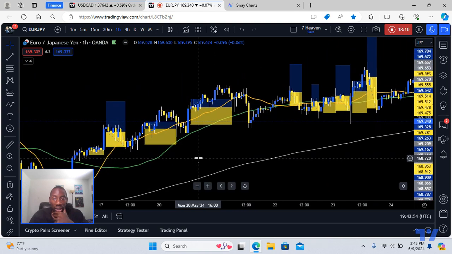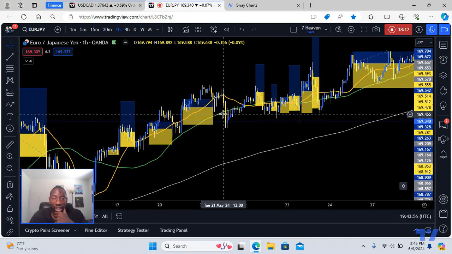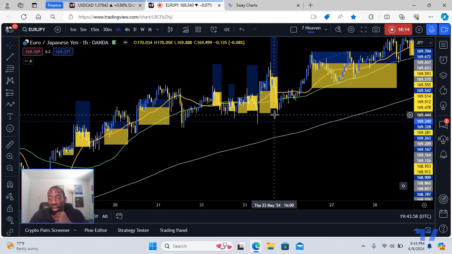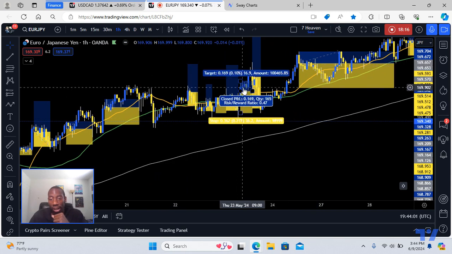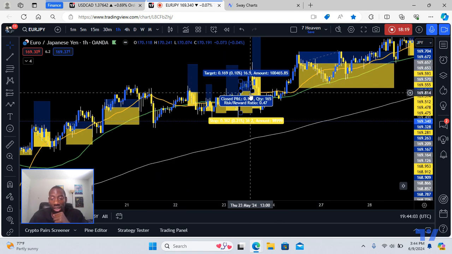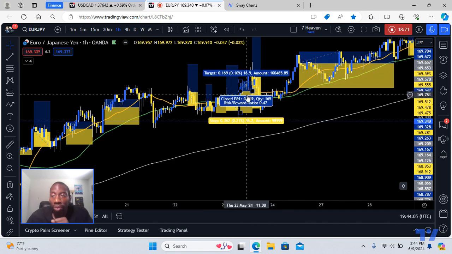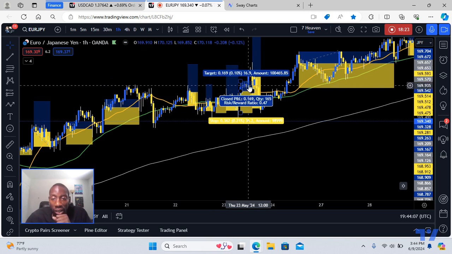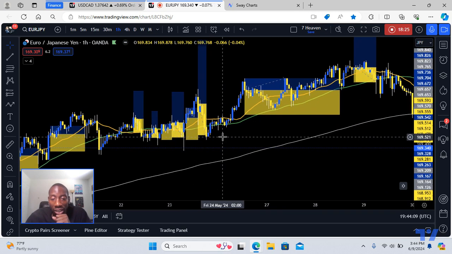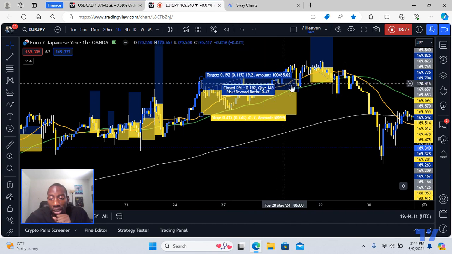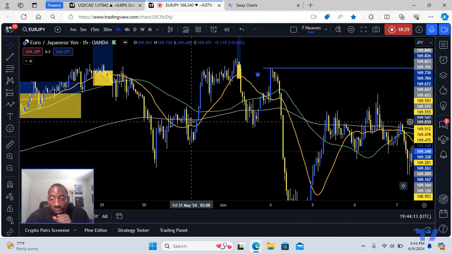So that's 3, and then that's 4 right here. So that's 1, 2, 3, 4. And this is where I got involved, and I would have taken that loss. So that would have been a $25 risk to make $50 loss, $50 to make $100 loss.